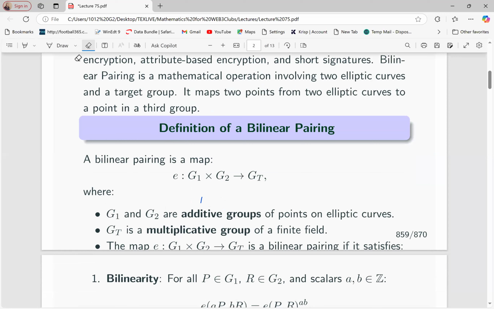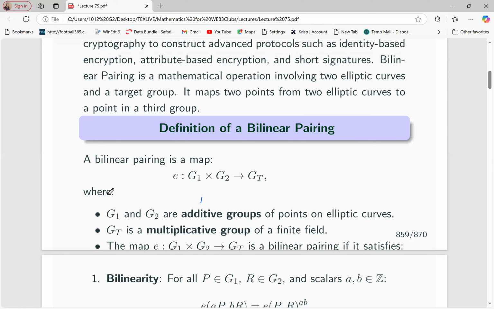Now, of course, for it to be a bilinear pairing, it must fulfill some conditions, not just that it becomes a bilinear pairing automatically. It has to fulfill some conditions, and we shall be looking at those conditions. But again, just remember that group 1 and group 2 will be additive groups, and this is supposed to be a multiplicative group. So these two are additive, but this one should be multiplicative, so that now the product of these is mapped to that.